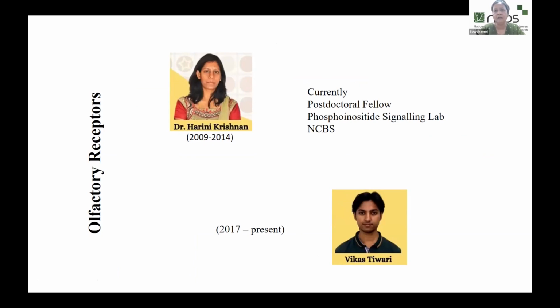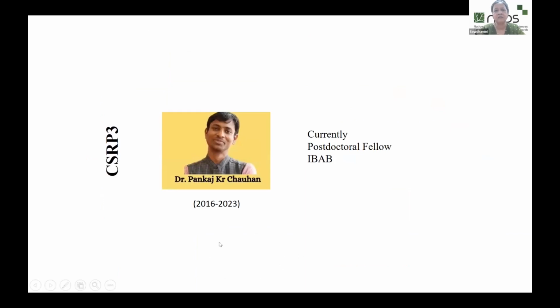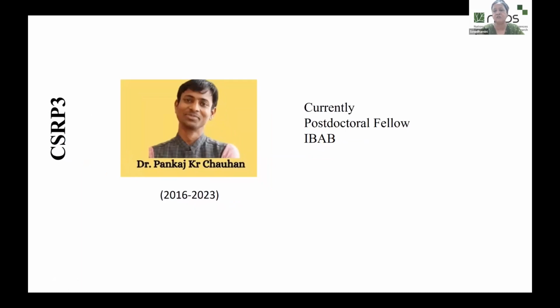And thirdly, we had briefly presented the experience of understanding mutations on the CSRP3 gene, and in particular the cardiomyopathy genes. This was presented by Pankaj Chauhan, who has very recently defended his thesis and also obtained his PhD degree. So he's currently a postdoctoral fellow funded by the IVAB grant, Institute grant.